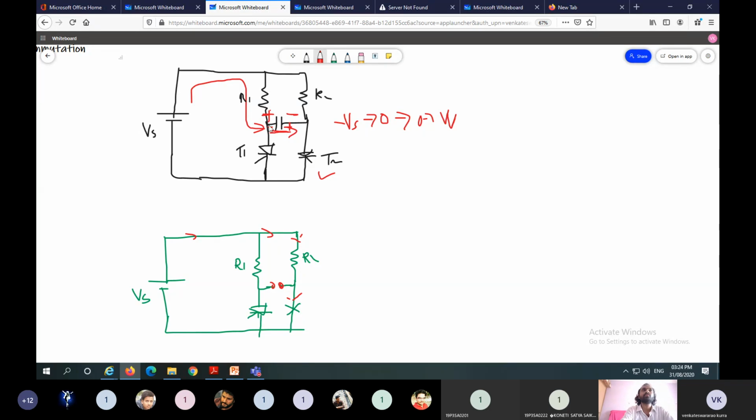During discharging, the polarities of the capacitor are like this, and the direction of current is like this. After completely discharging, the capacitor starts charging, and the direction of current is like this, and the polarities across the capacitor are like this.